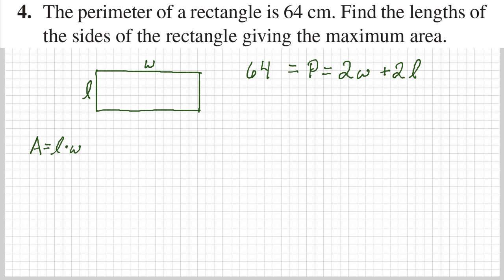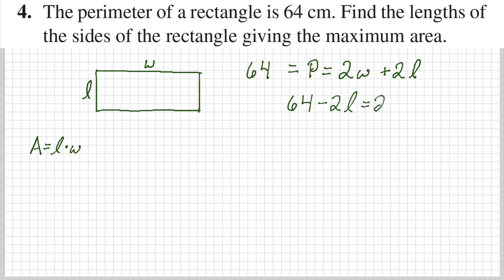Now, the goal is to optimize area, so I want to take the derivative, set it equal to 0, and solve. That's how all these optimization problems work. But to do that, I need it to be in terms of just one variable. So I will subtract 2L from both sides.